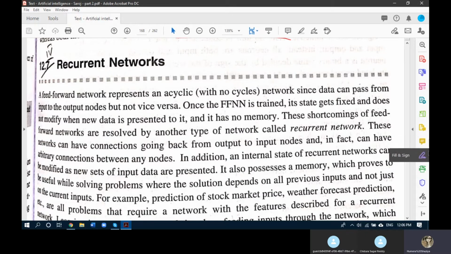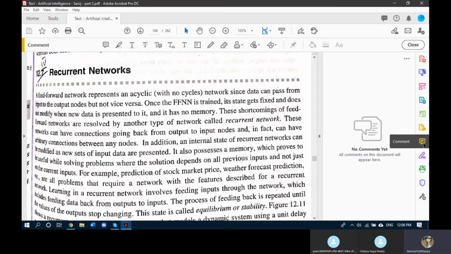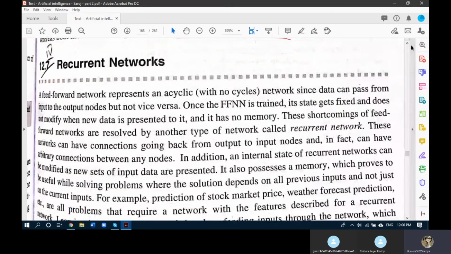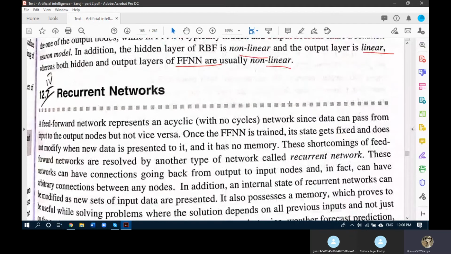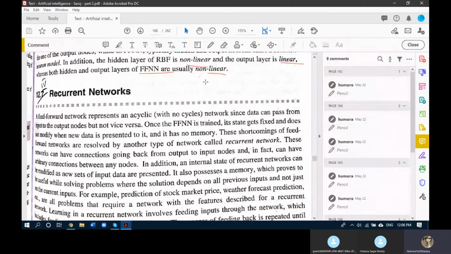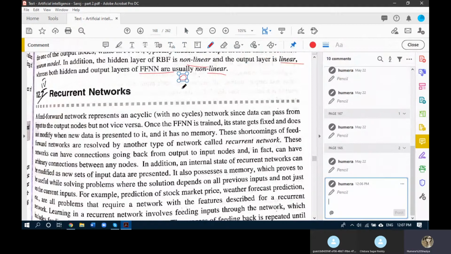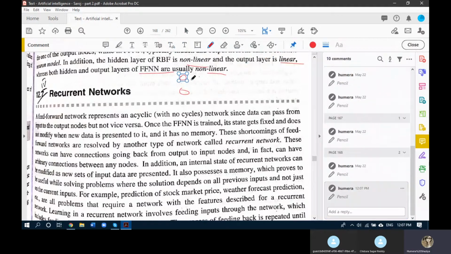Whereas this one, recurrent neural networks, are an important class of neural networks. They have cycles, and suppose this is a node, this is another node, this is one more node, this is one more node.